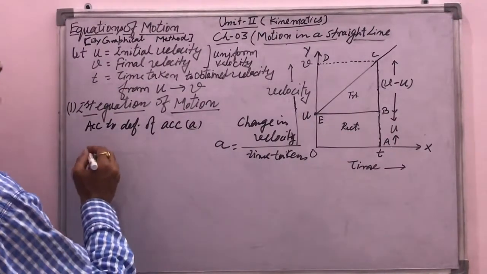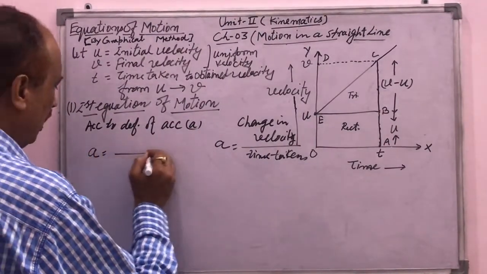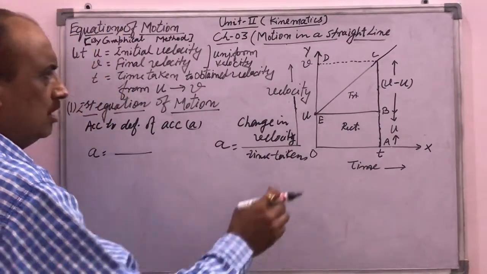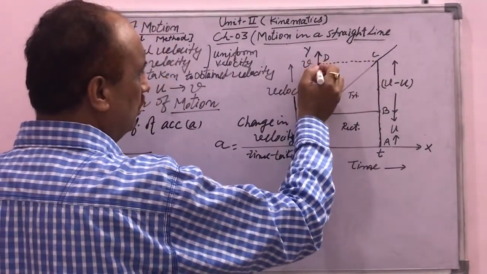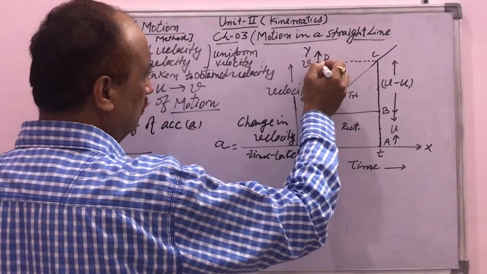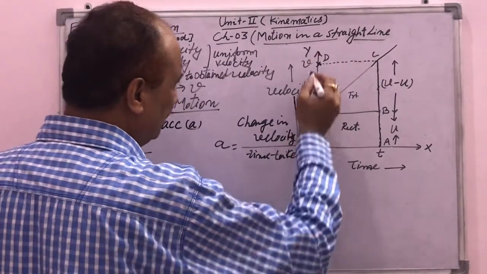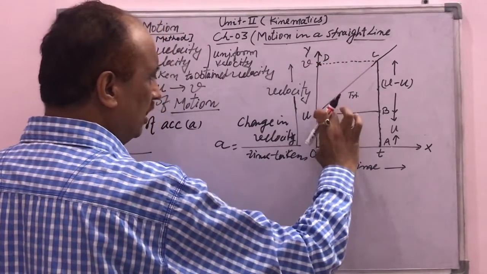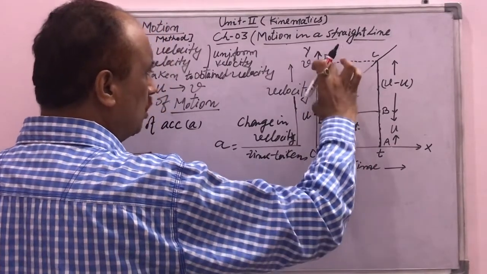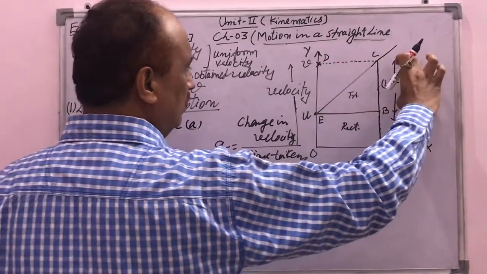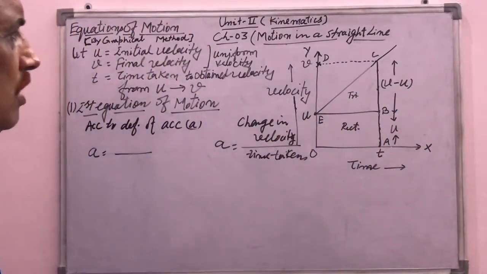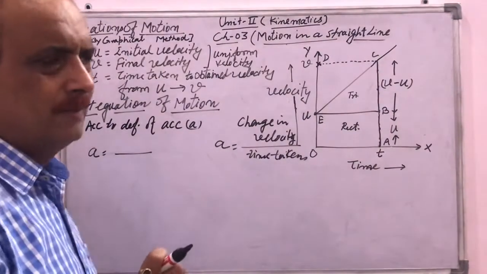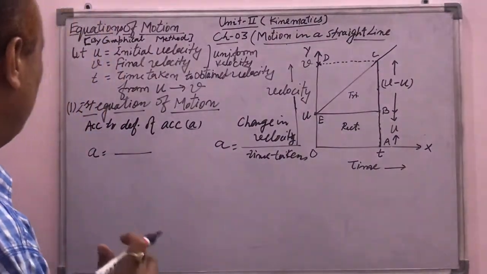Symbolically, acceleration is the change in velocity over time. The final velocity is v at the point C. When the line is drawn, its magnitude on the y-axis is up to v, and this is the initial velocity u. The difference of these two is equal to BC. So v minus u is the amount of velocity acquired, that is the change in velocity.